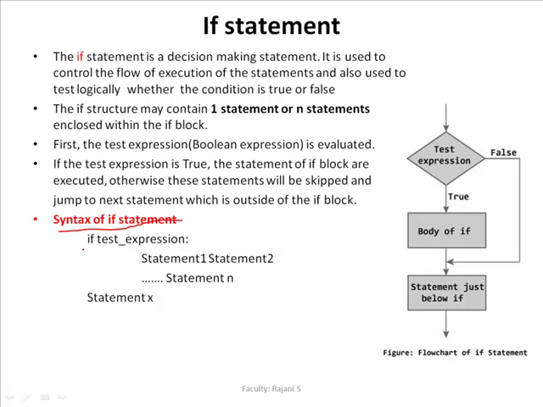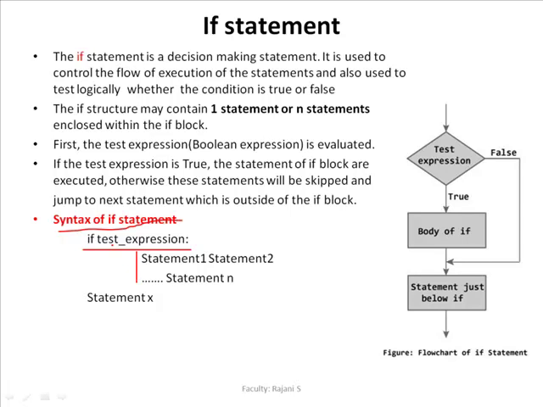Here this test expression, we can also call it a condition, will be evaluated to a boolean expression. Boolean expression means it will be true or false, and if this condition is true, then the statements inside the if block will be evaluated. That means statement 1, statement 2, up to statement n.